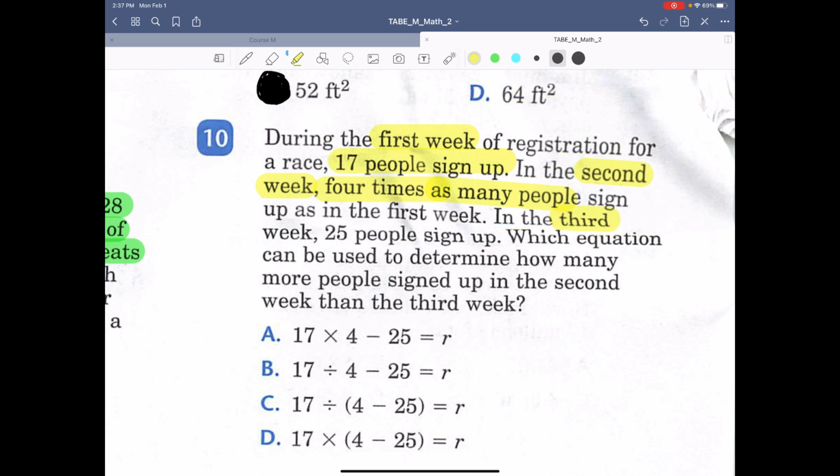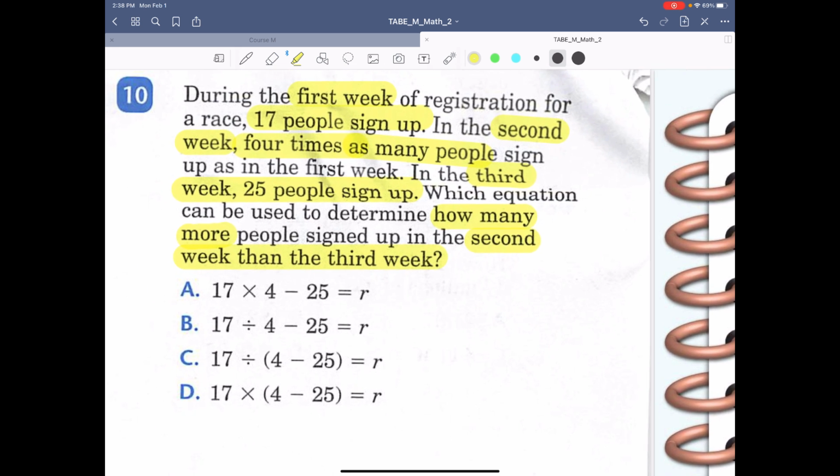In the third week, 25 people sign up. Which equation can be used to determine how many more? That is a subtraction problem. How many more people signed up in the second week than the third week?